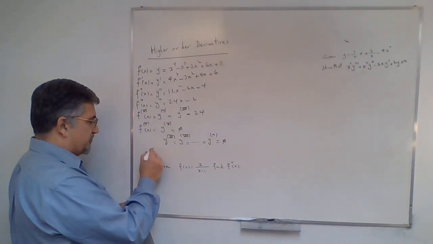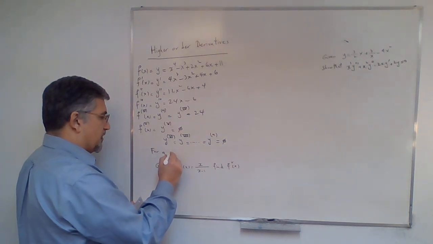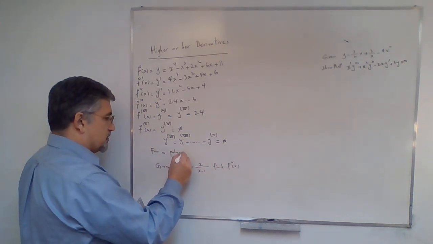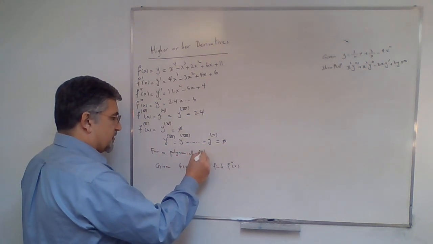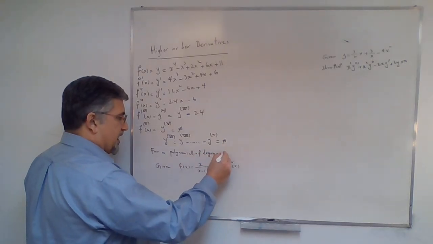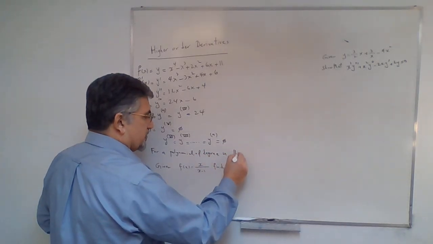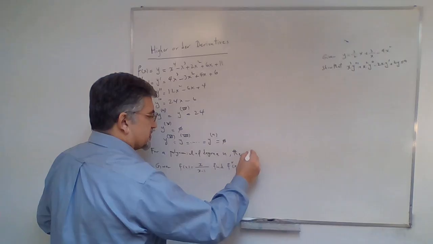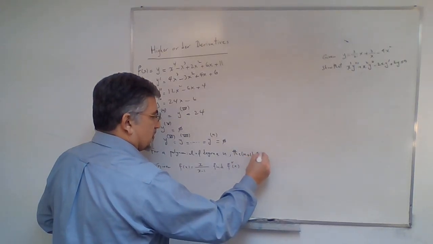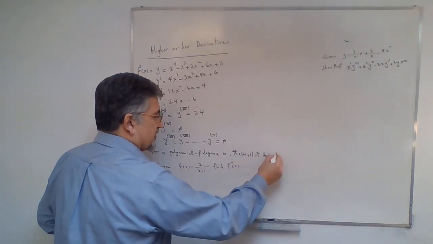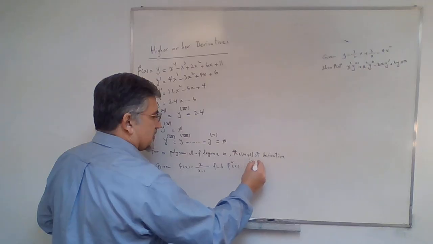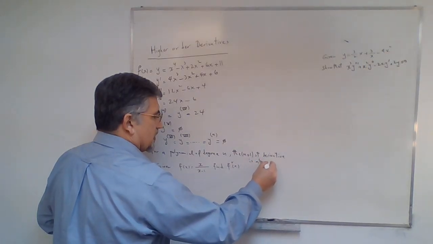We can say for a polynomial of degree n, the n plus first derivative is always 0.